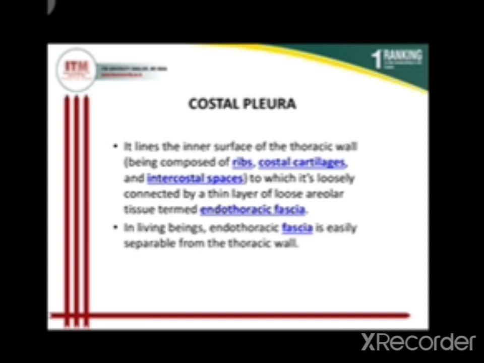Looking at the costal pleura in detail, it lines the inner surface of the thoracic wall, being composed of ribs, costal cartilages, and intercostal spaces, to which it's loosely connected by a thin layer of loose areolar tissue termed the endothoracic fascia.